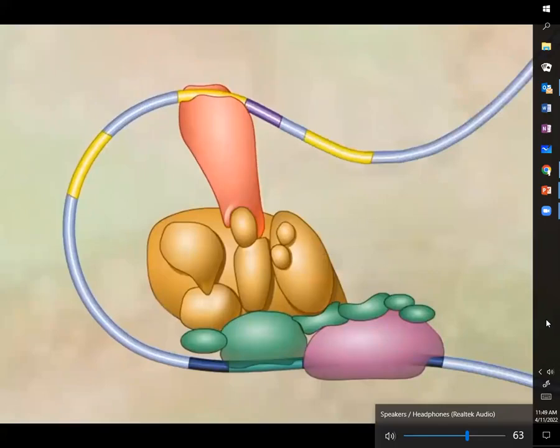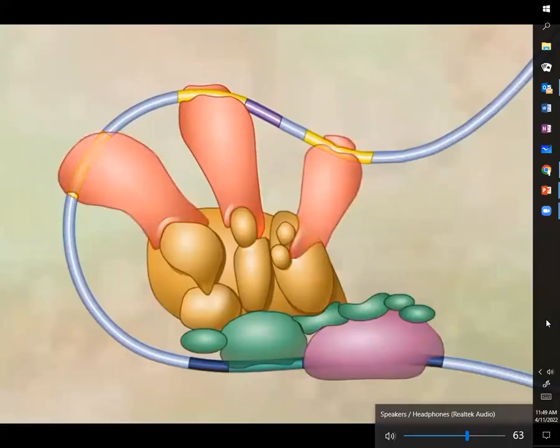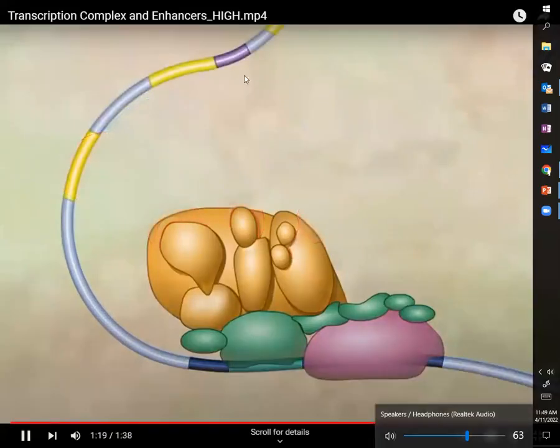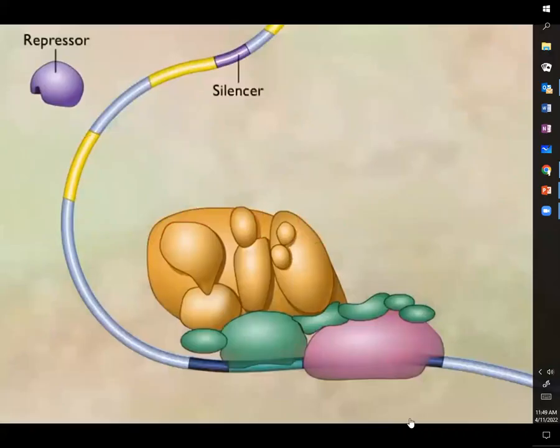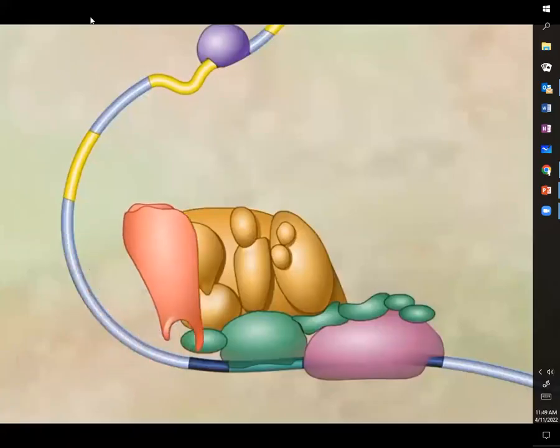Many enhancers, scattered around the chromosome, can bind different activators, which provide a variety of responses to various signals. When a second kind of regulatory protein called a repressor binds to a silencer sequence located adjacent to or overlapping an enhancer sequence, the corresponding activator is no longer able to bind to the DNA.